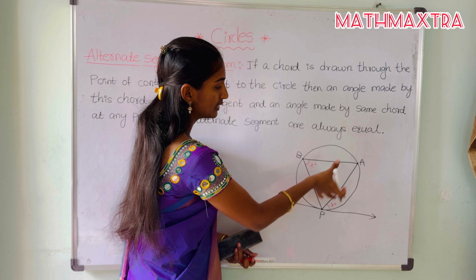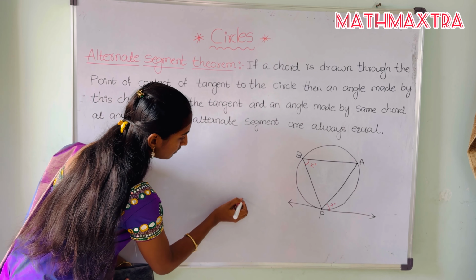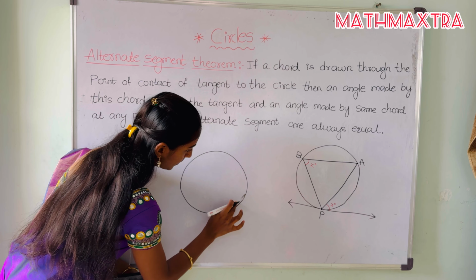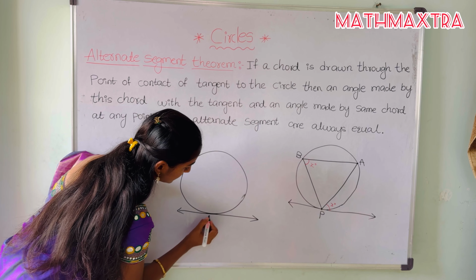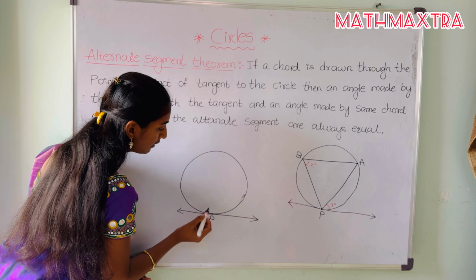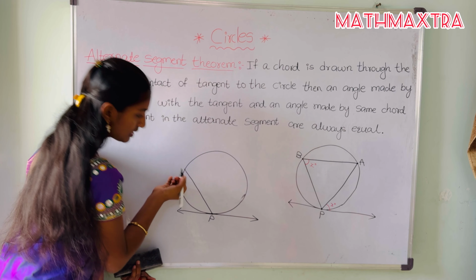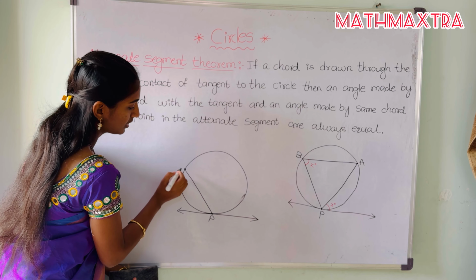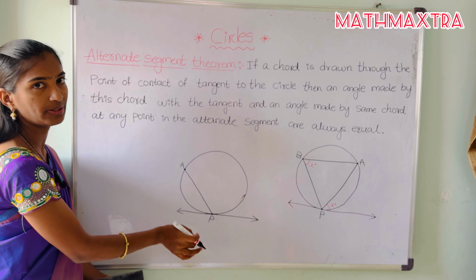See, we have to see the same situation in another way. If this is a circle and this is the point of contact P on the tangent, now suppose I draw a chord like this. This is also a chord, drawn from the point of contact to any other point A on the circle. This PA is a chord of this circle drawn from the point of contact.